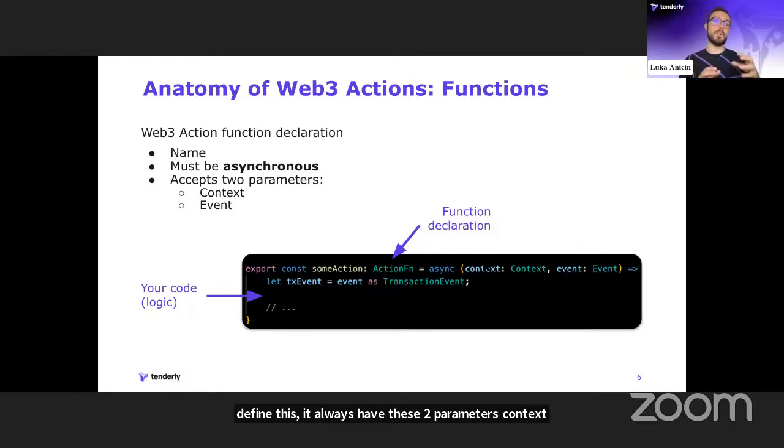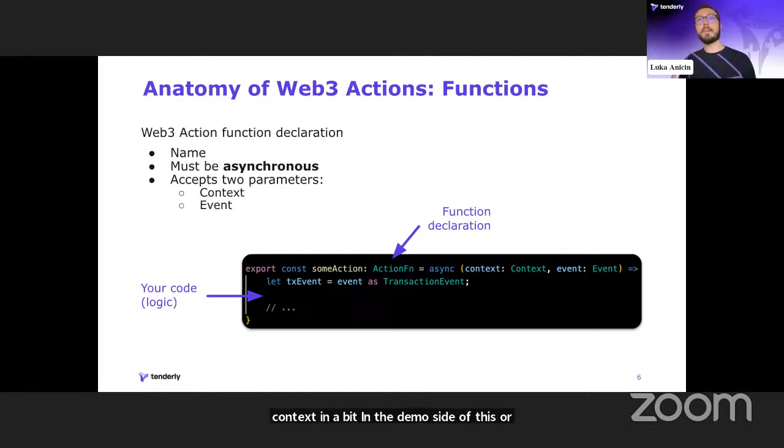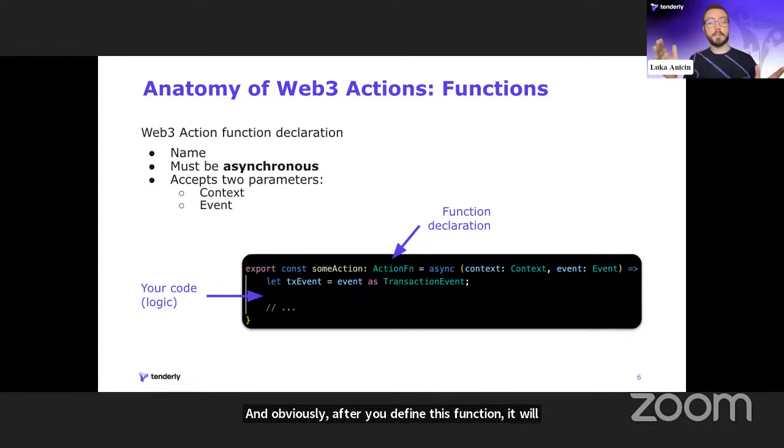We are going to explore each of these, event and context, in a bit in the demo side of this webinar, but just so you know, it will always have only these two parameters, context and event. And obviously, after you define this function, it will have some code in it. So it's your logic. What needs to happen when that criterion is met?